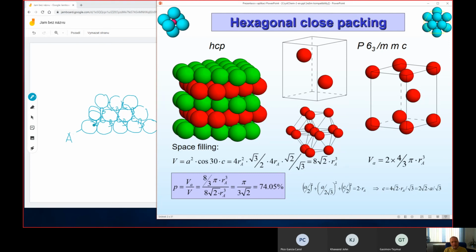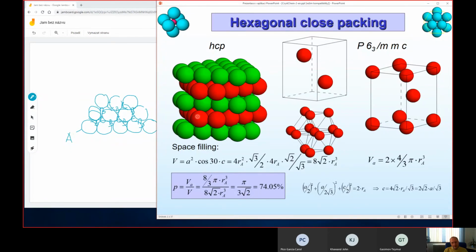So the third layer is eclipsed with the first layer, so we have this layer and this one one above the other. And the red one is the B layer.